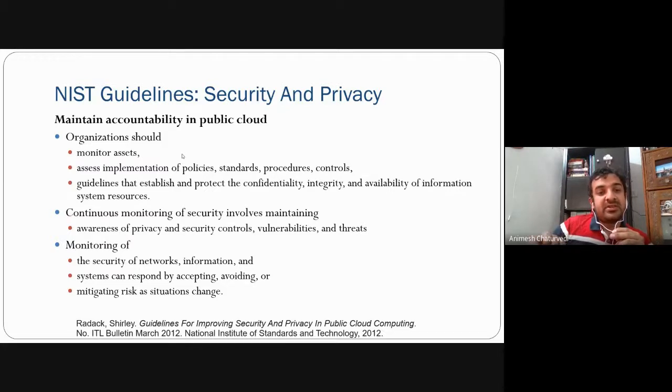Then there's mitigating risk, meaning it may be possible that risk may occur because of a change in some situation. So if some policy change or control change happened, there's a chance of risk, so that has to be monitored.